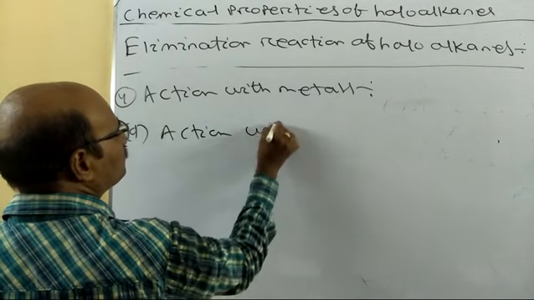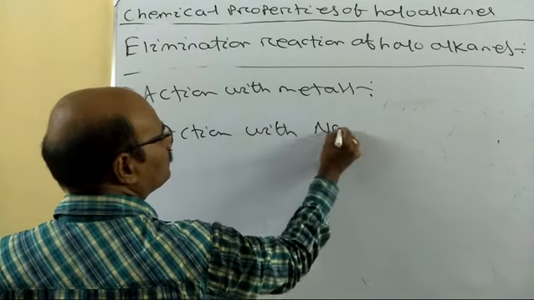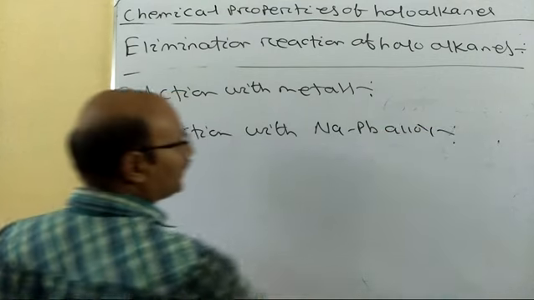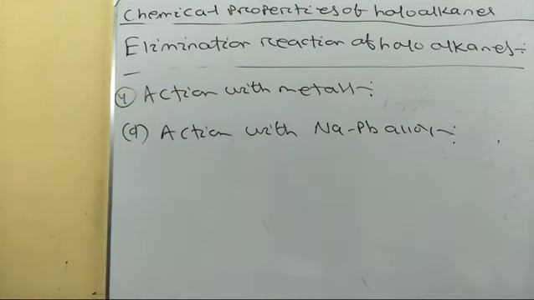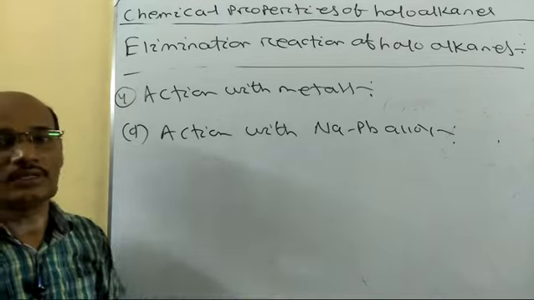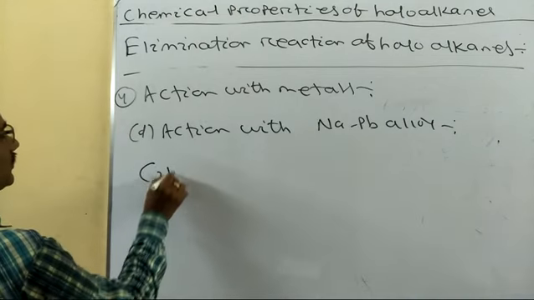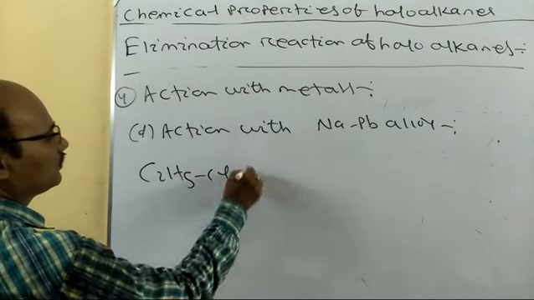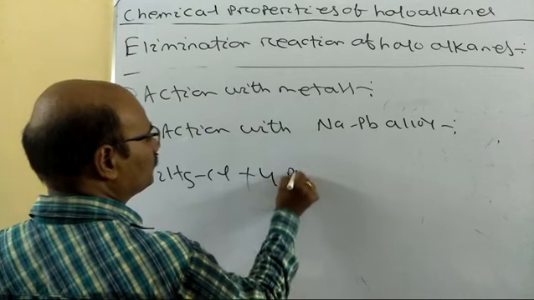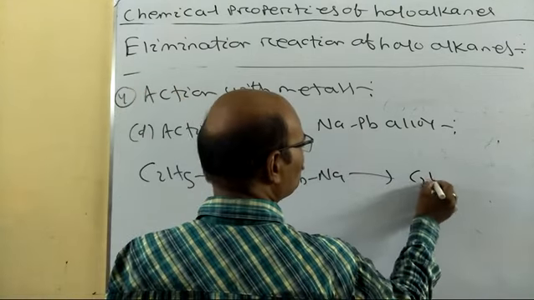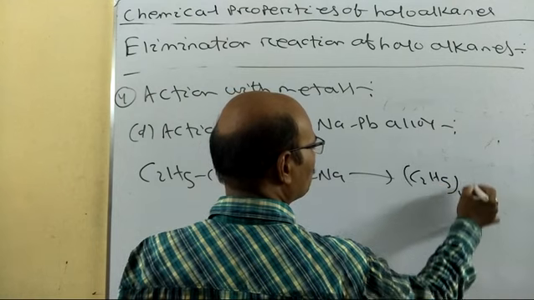Now, sodium lead alloy. See, I take C2H5Cl plus 4 PbNa, and I get (C2H5)4Pb.